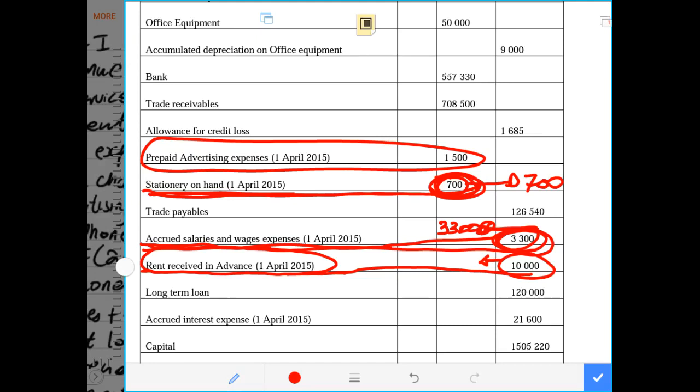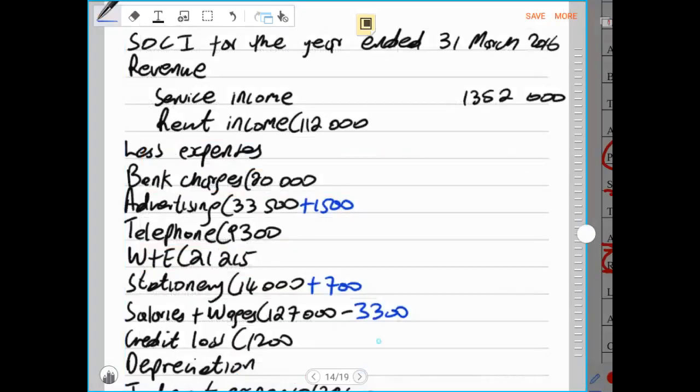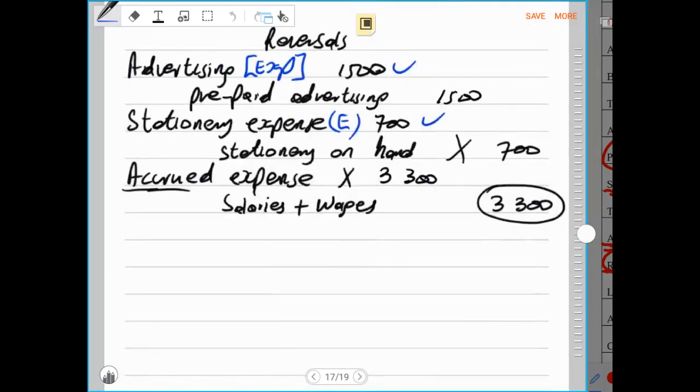So again, we have to record the rent received in advance on the debit side because it was on the credit side, and the reversal of the credit is debit. That means we debit our rent received in advance, and we credit our rent income.